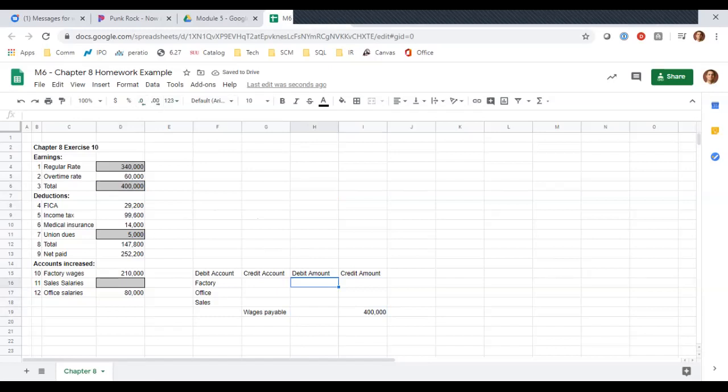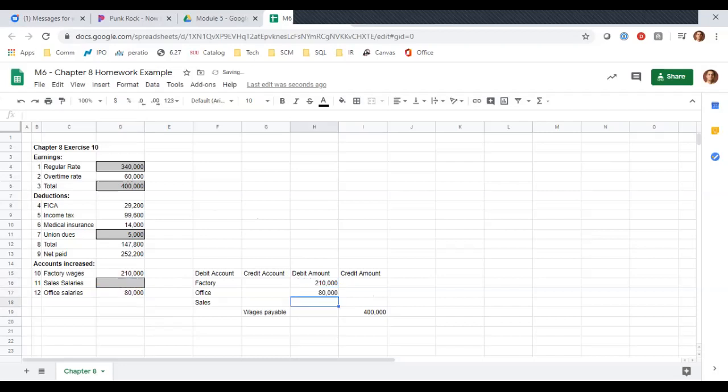Our factory amount, and in fact what I should do is just link to that. Our factory amount was given, so we know what that is. And our office salary amount was given, so we know what that is.